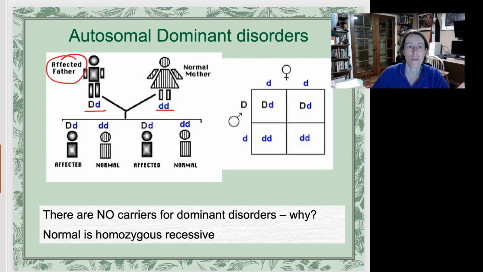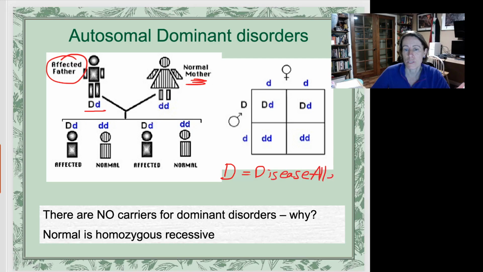Okay, the mother, on the other hand, over here on the pedigree, she's homozygous recessive, 2 little d's, and that means she is normal for this condition. So if it's the D gene, uppercase D is the disease allele.